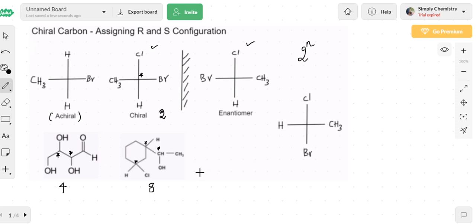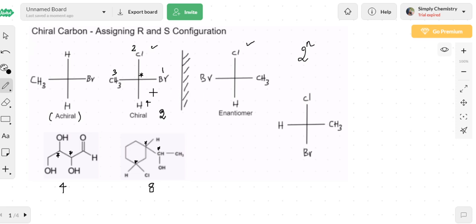You could see this example, where the bromine has the highest atomic number, so it gets number 1, followed by chlorine. This carbon atom is attached to a carbon atom, so this is 3, and the least priority is for your hydrogen.